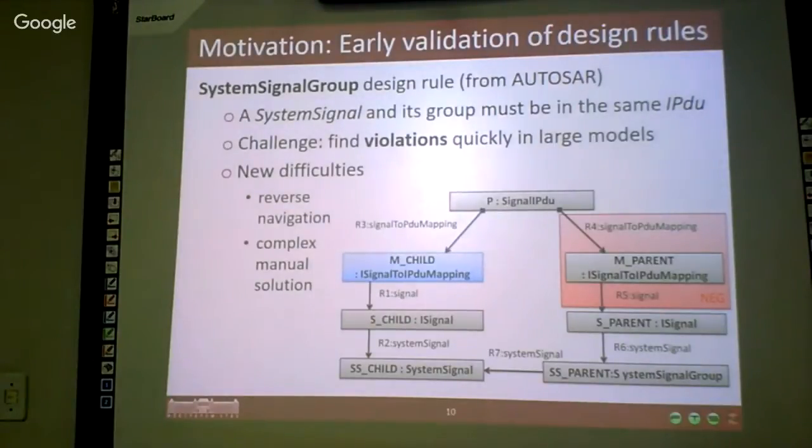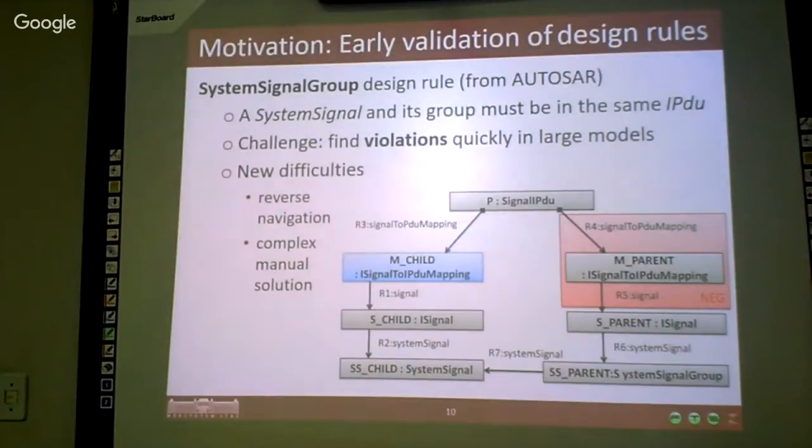So you want to find these errors as early as possible. And you can just define well-formedness patterns and try to find the violations of these patterns in the models.